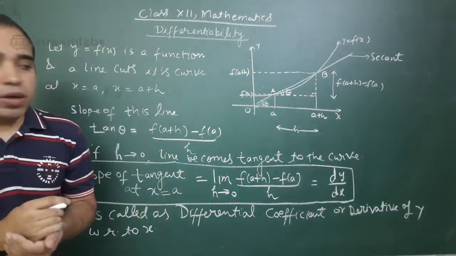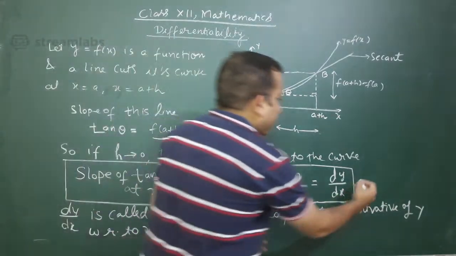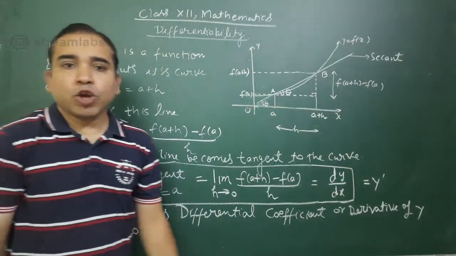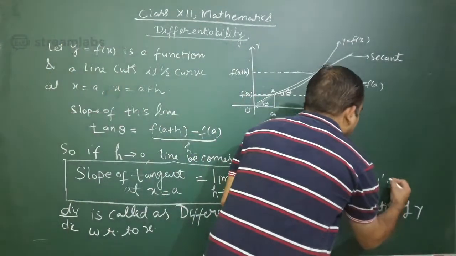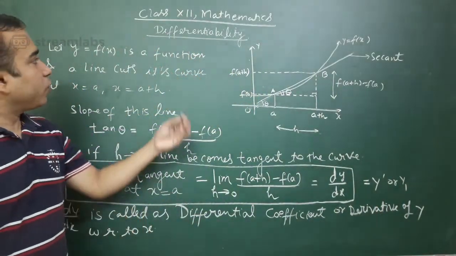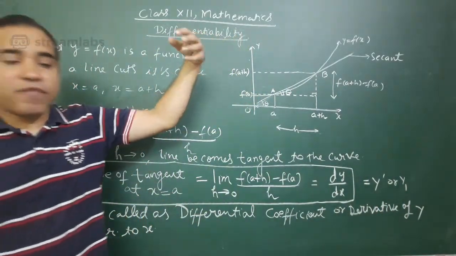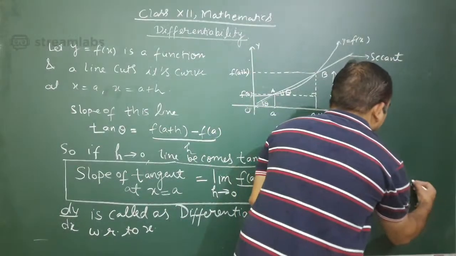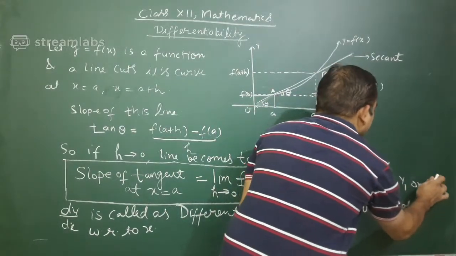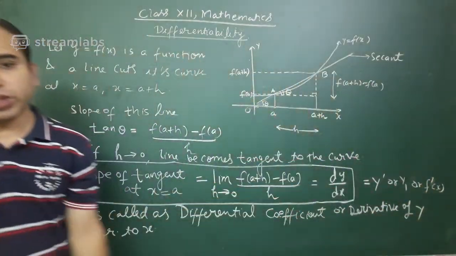Okay, we many a times denote it by y prime also, y dash also we say, or y1 also we say, or if the function is y equal to f(x), f dash x also we say. तो ये तमाम तरह के सिंबल हैं इसको डिनोट करने के.